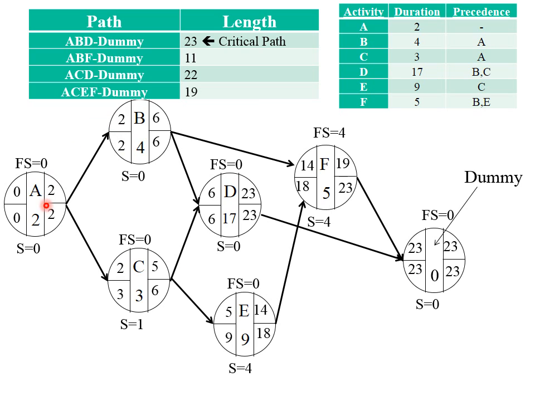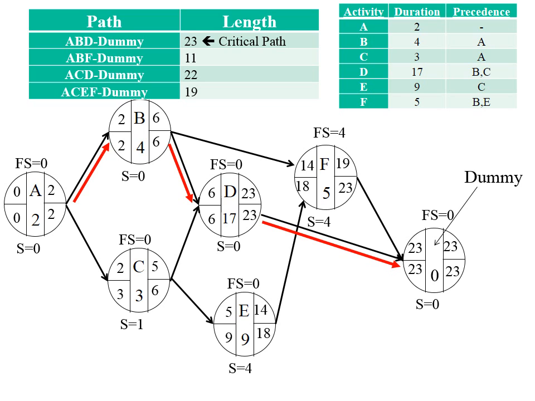The next path is A, C, D, dummy, and if you add these numbers, that would be 22. A, C, E, F, dummy, and that is 19. So the longest path is 23, which is the critical path. So the critical path is A, B, D, dummy.